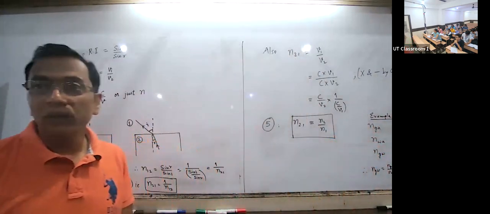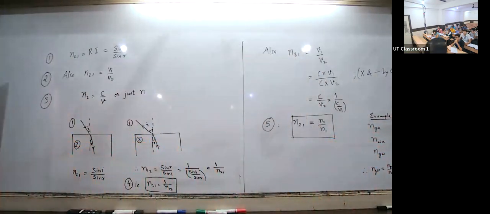Is everything written on the board making sense to you? So how do you read the example? Somebody, okay, you, what's your name? Stand up. Read the example. Is refractive index of glass with respect to air.